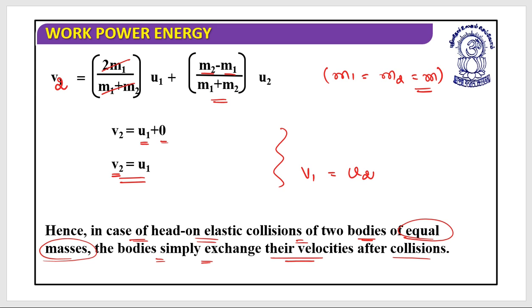That means the final velocity of the second object is the initial velocity of the first object, and the final velocity of the first object is the initial velocity of the second. I hope this is clear.